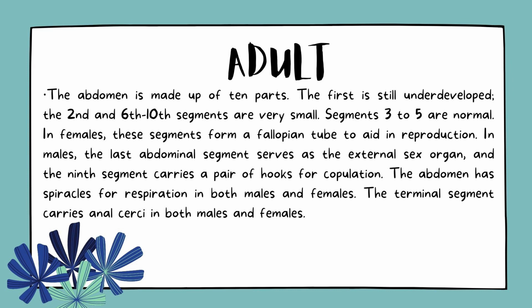In the male, the last abdominal segment serves as the external sex organ, and the ninth segment carries a pair of hooks for copulation. The abdomen has spiracles for respiration in both male and female. The terminal segment carries anal cerci in both male and female.